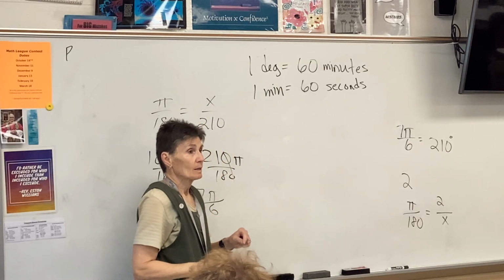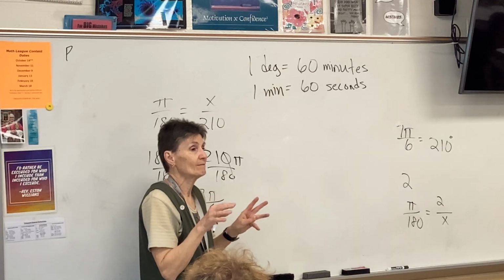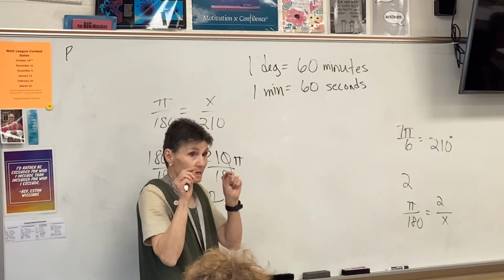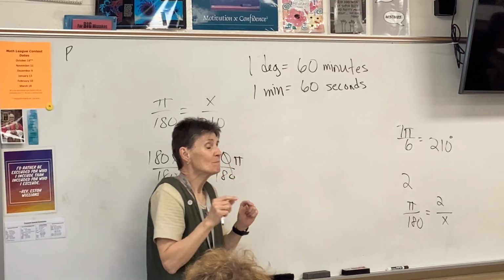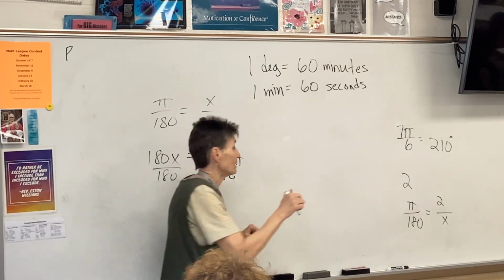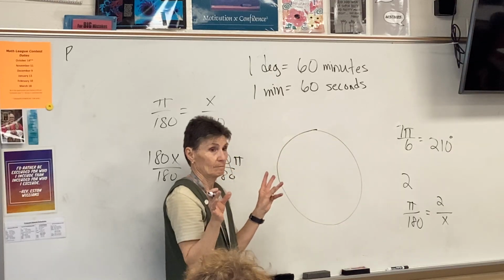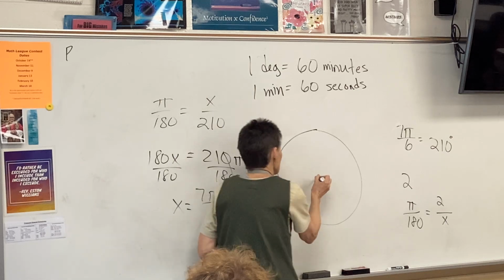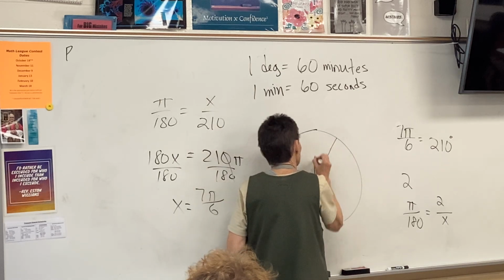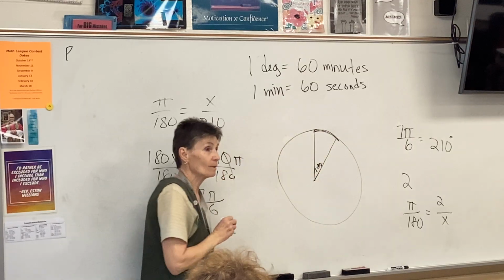Now, you and I, when we draw our little triangles, we don't really have a need for that. But people who sail or fly around the world do. Because if you think about how big the world is, that's really big. If I do 1 degree, that's a big space, right?